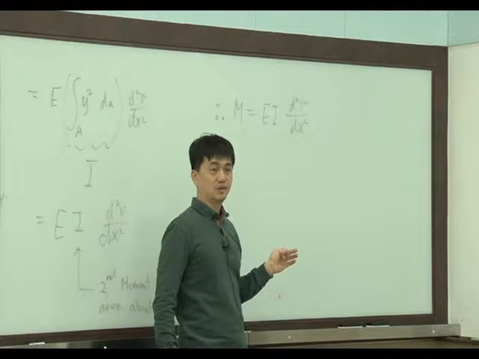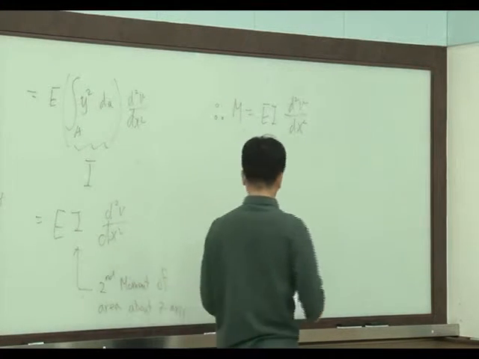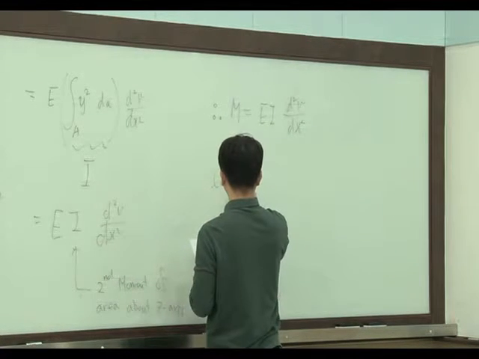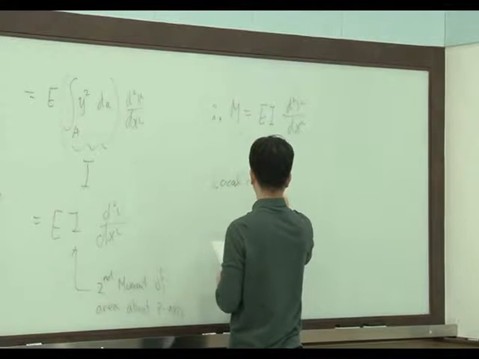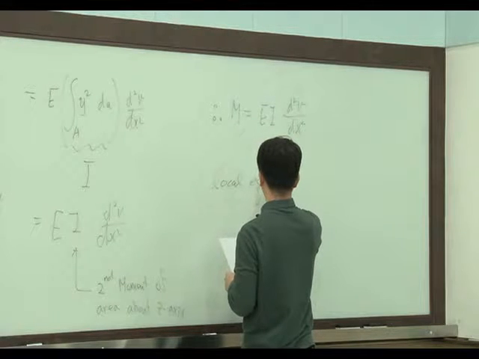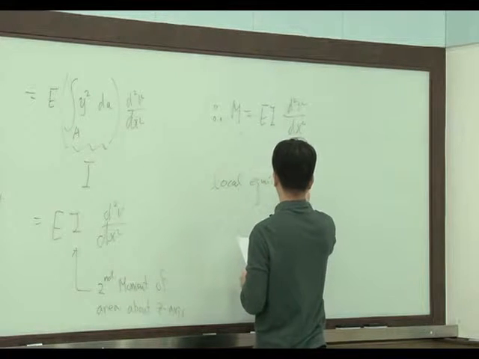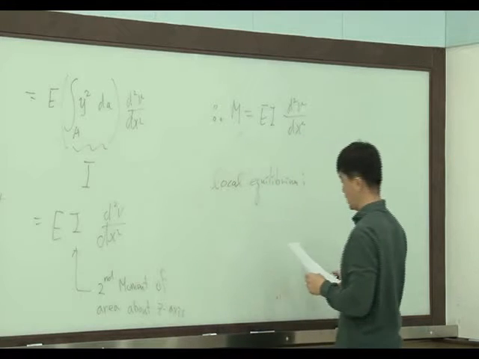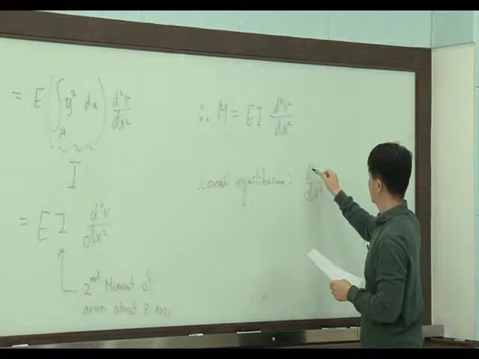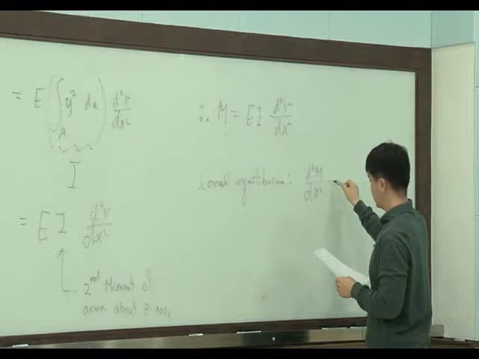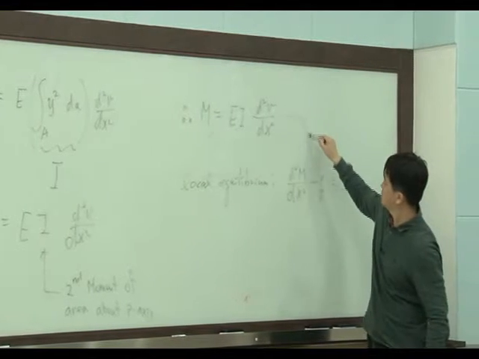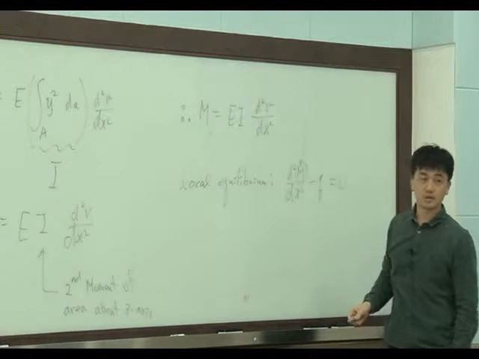Right? So the next thing is, you remember the local equilibrium equation? The local equilibrium equation was dM/dx minus q equals 0. We can put this result here.